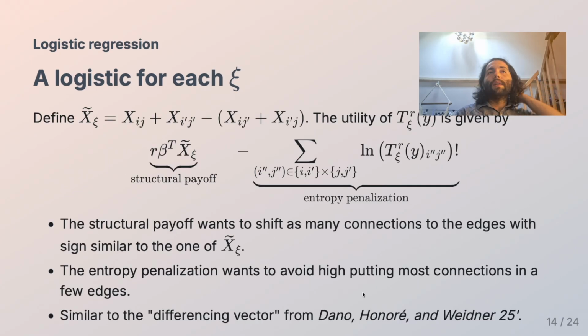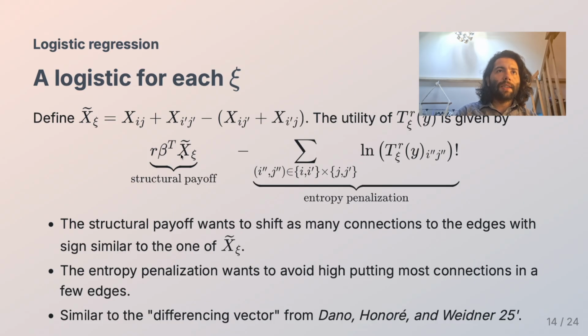And indeed, this logistic that we get has this utility here. So given a polyad, and of course given a graph, the utility of the graph that you obtain applying the transformation r times is given by r times beta transpose x tilde xi minus some entropy penalization.